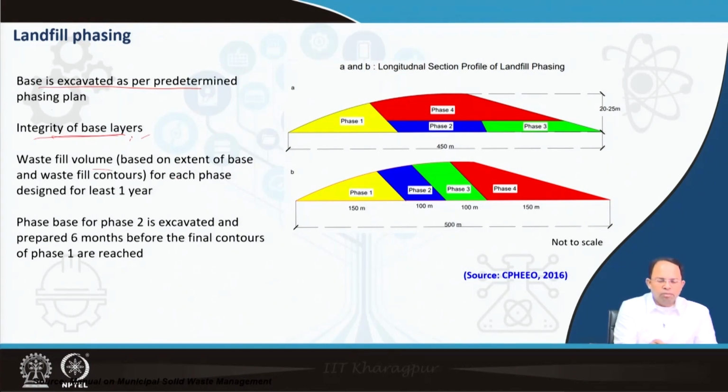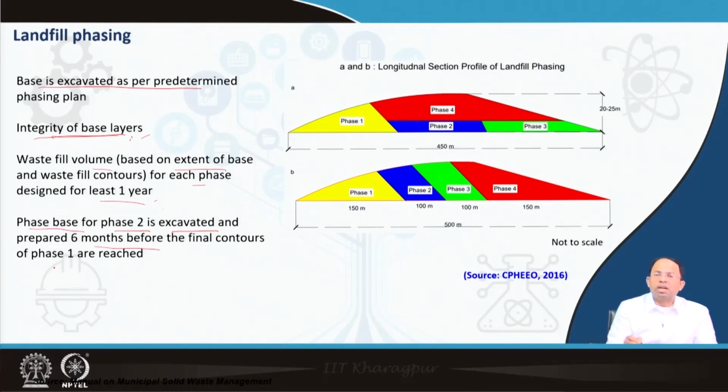The waste fill volume, based on the extent of the base and waste fill contours, is designed for each phase for at least 1 year. So phases should be at least 1 year, or sometimes 2 years. And the base for phase 2 is excavated and prepared 6 months before the final contours of phase 1 are reached.